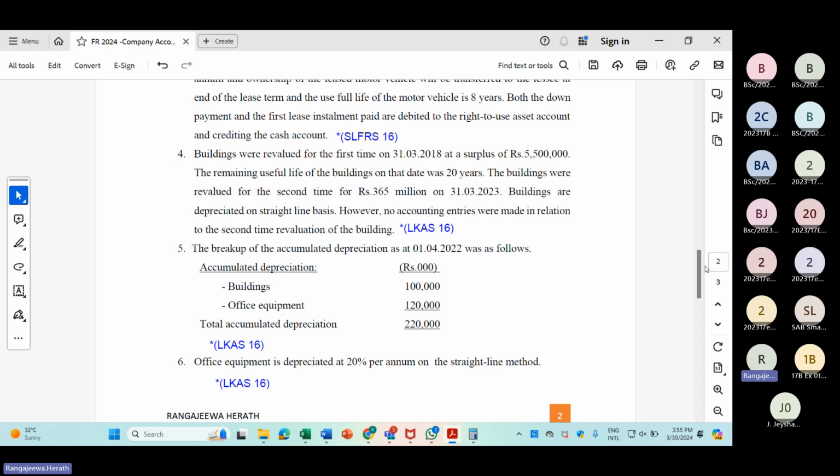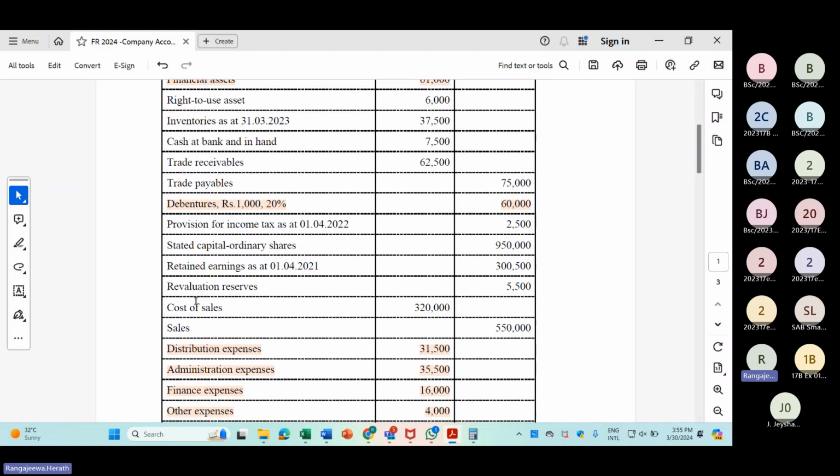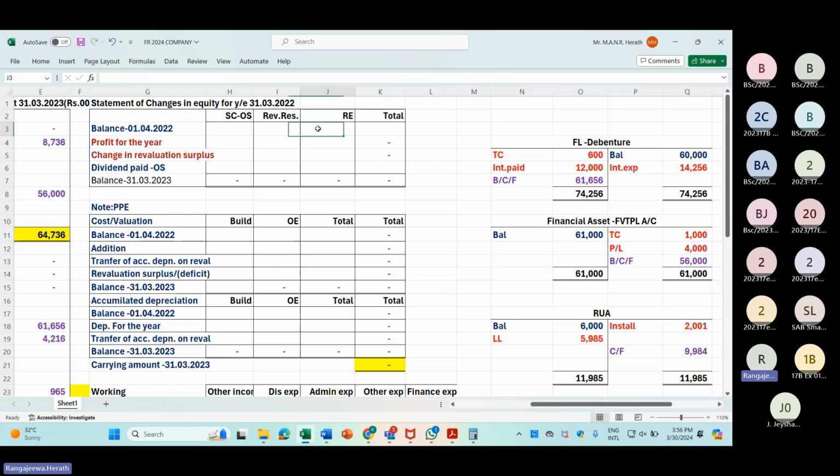Building revalued first time and resulted in a surplus of 5.5 million. Now this 5.5 million is appearing in the revaluation reserve at the moment. So this should be the revaluation reserve opening balance, right? So I will take that 5,500 revaluation reserve in the statement of changes in equity opening balance.